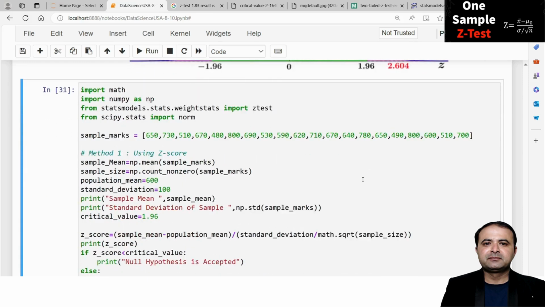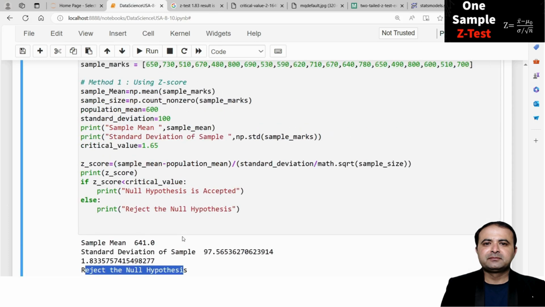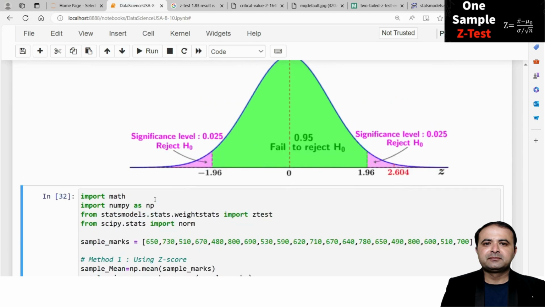Okay. So firstly, we have to define the critical value. If I define the critical value like 1.65, now the outcome is different: reject the null hypothesis because 1.83 is greater. So the major thing is that firstly we have to identify the significance P-value, or the alpha value, or the critical value.